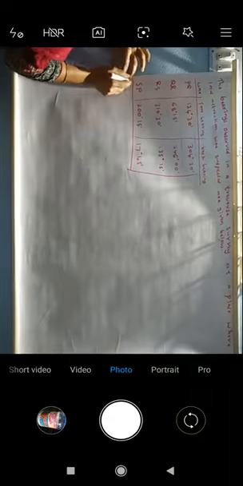So we will start the sum. Can I erase this small part? Okay. First we will do the direct method.